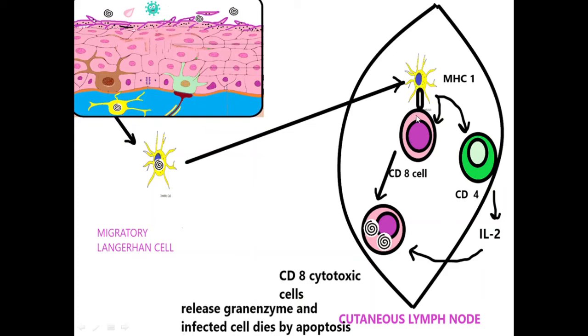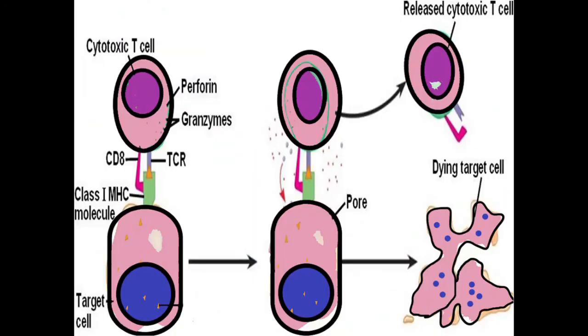Now this CD8 cell will get activated into a cytotoxic T cell. This cytotoxic T cell, as the name suggests, cytotoxic, will kill the antigen that was processed. So this process is continuously going on in the body.